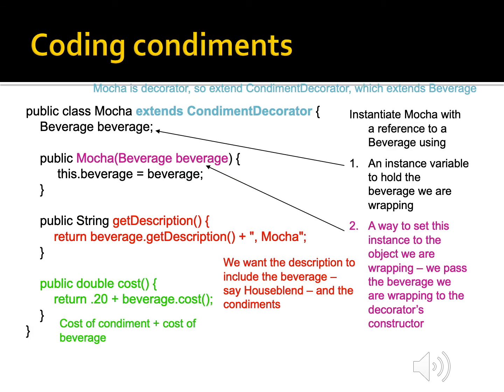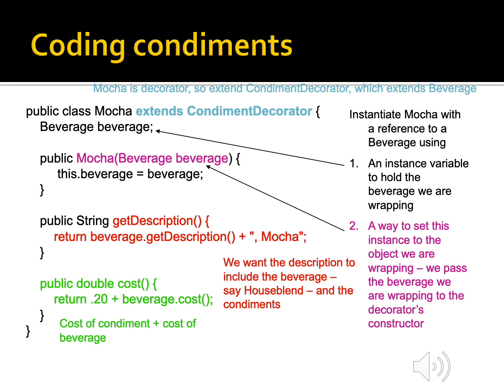Now, this is the first concrete decorator of the condiment decorator, meaning the options you want to provide to the client for decorating the coffee. The first is the mocha condiment. So mocha is extending its parent, the condiment decorator. Second, there is the composition of the component which you want to decorate or wrap. As we have said, the decorator uses the containment, or wrapping, approach. It wraps the object that you want to decorate.